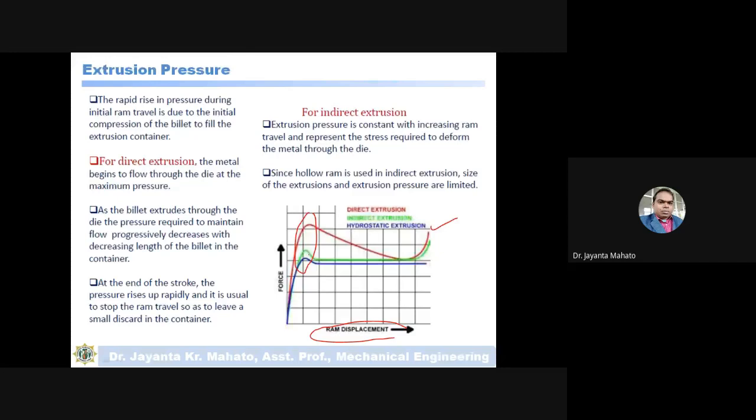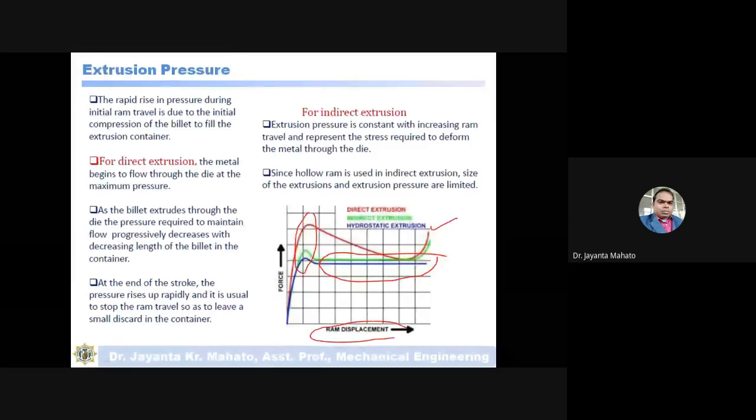This is the saturation condition, meaning after moving the ram to this amount, a constant force is required to extrude the material.